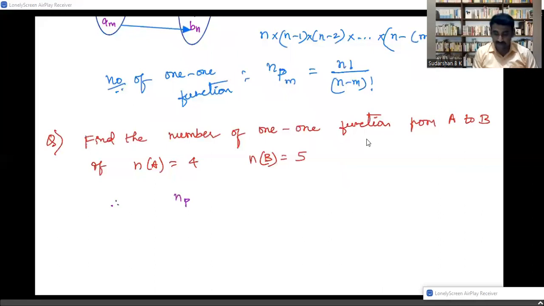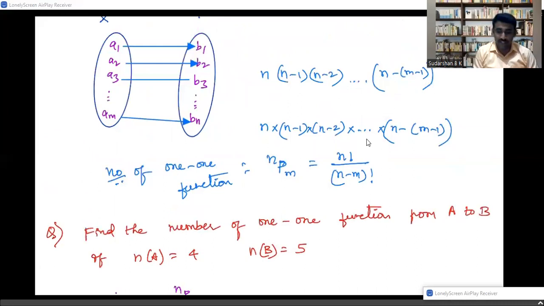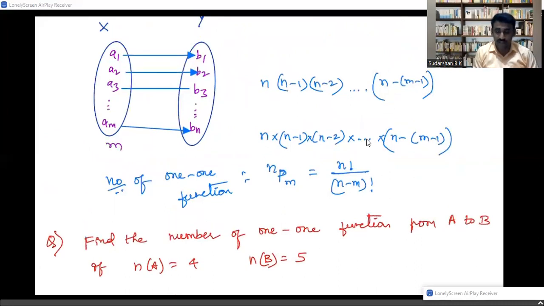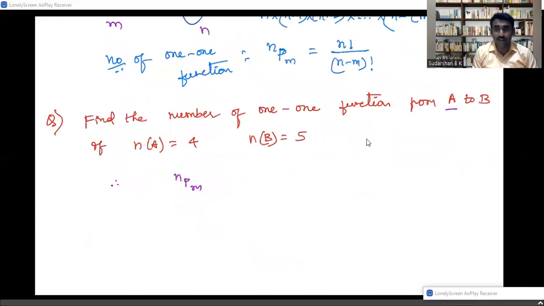So if we go to the formula, this set X domain has m elements and the codomain has n elements. Here the domain is A and the codomain is B. m is the number of elements in the domain, which is 4, and the number of elements in the codomain is 5. That is 5P4.